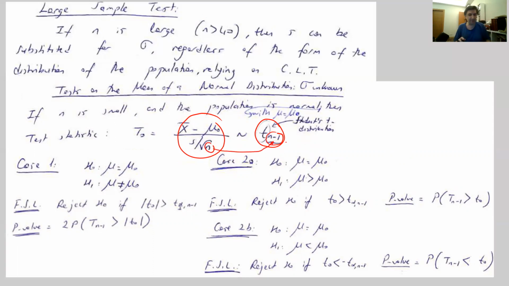So it's almost the identical procedure. It can be seen here when we have a normal distribution with sigma unknown compared to the normal distribution with sigma known case. The only thing that changes is, instead of sigma, we write the sample standard deviation, and the resulting sample statistic is going to have a t-distribution with n-1 degrees of freedom, not the standard normal distribution.